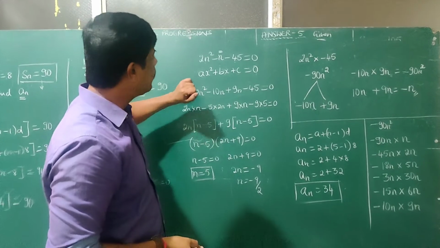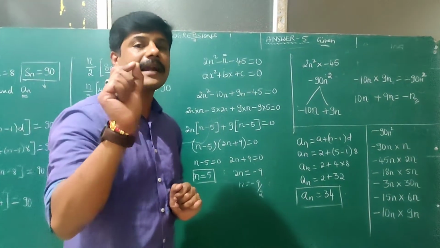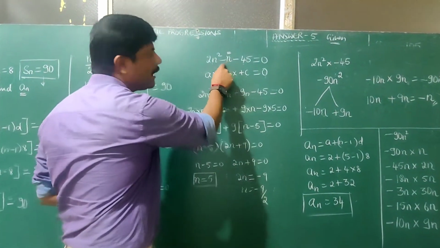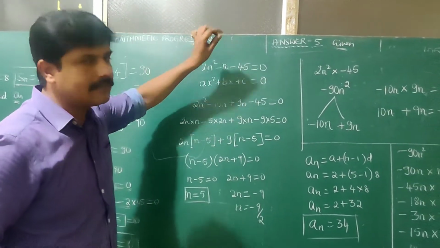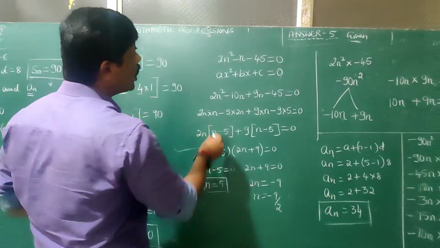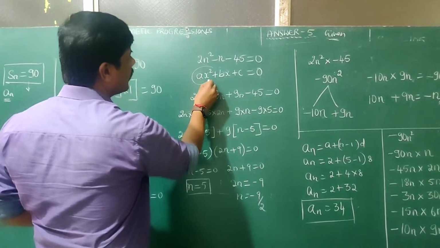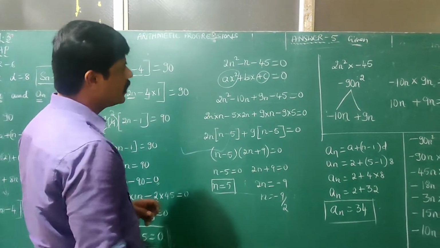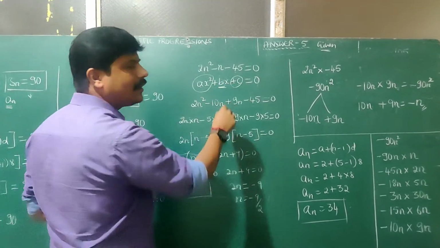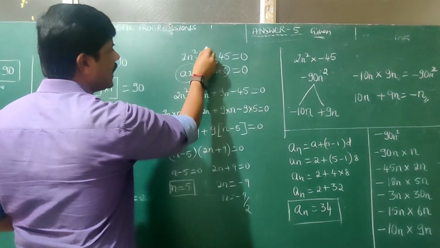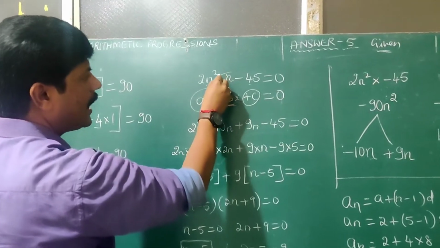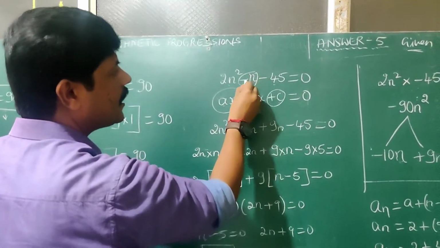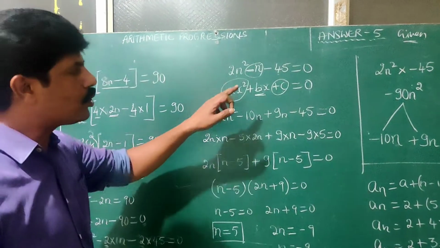Now I am finding the value of n by the factorization method, by splitting the middle term. To split the middle term, it is very important that you multiply ax square with the constant, so that you can split the middle term b. Now the middle term is, observe properly, minus n, which we have to split.